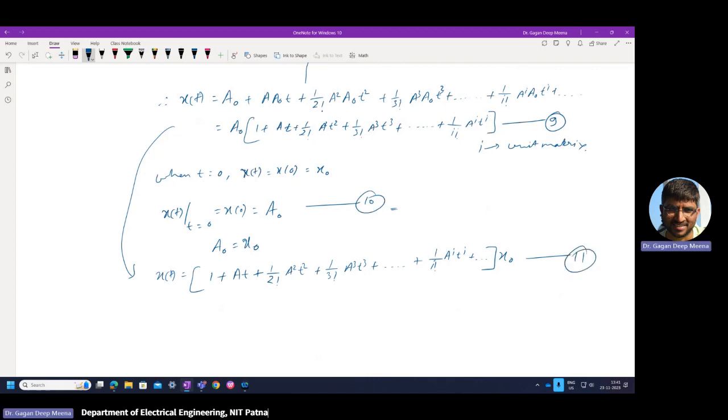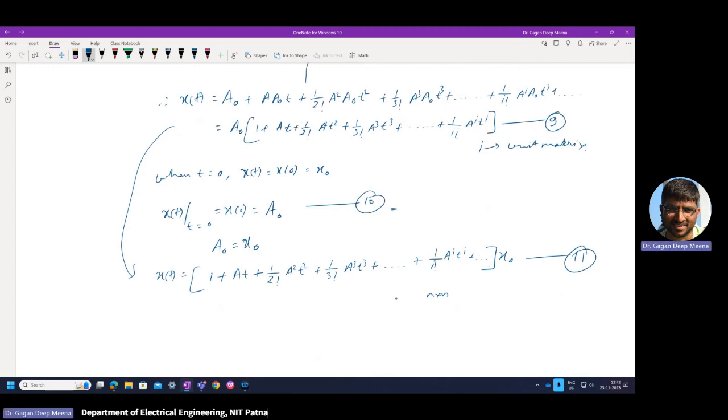And there is something more about this solution: each term inside the brackets is an n cross n matrix. Okay, so all of these A's are n cross n matrices, so this x would be accordingly, and all the multiplications will happen accordingly.